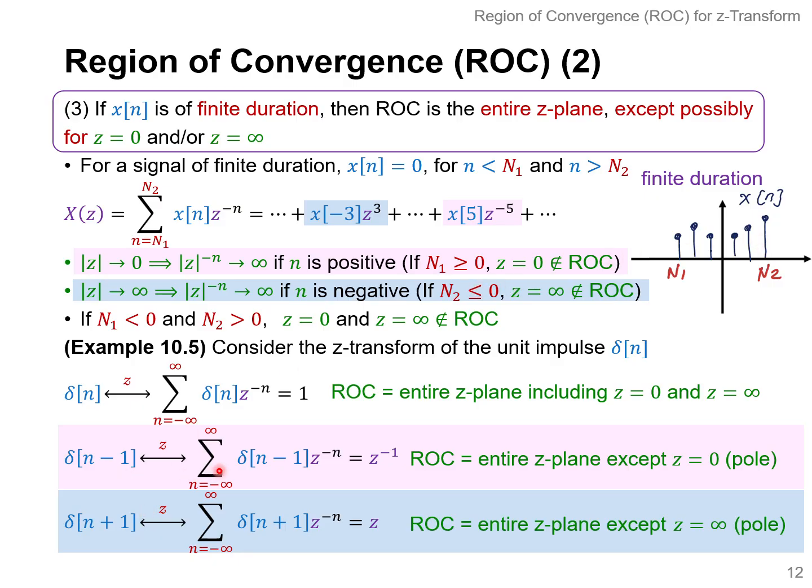Here you can see the ROC is the whole z-plane except z = 0 because there is a pole at the origin. And for delta[n+1], this is the third case when n2 is smaller than 0. The ROC is the whole z-plane except z = infinity because the transform blows up there.